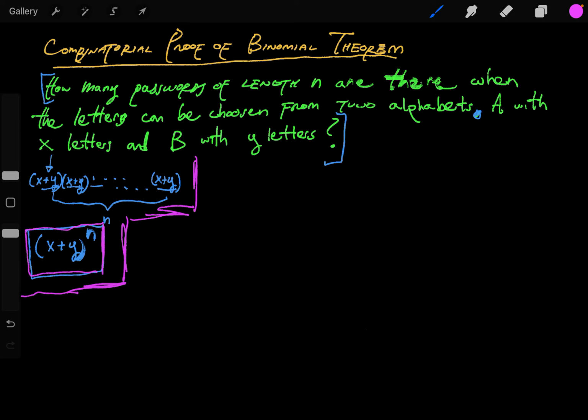That's one answer. The other thing I'm going to do now is condition on how many letters are from B. What does it mean to condition on how many letters from B?